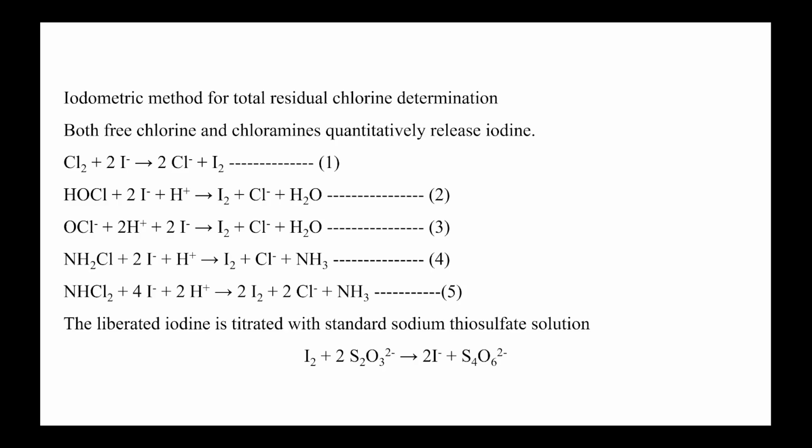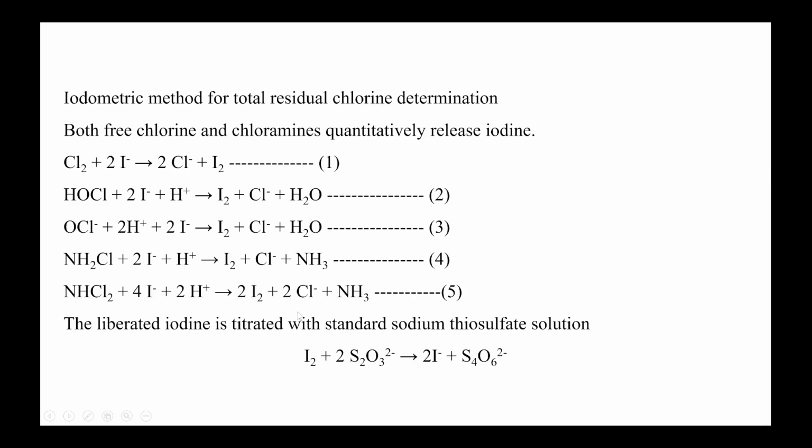Free chlorine will react with iodide ion to release iodine. You can see one molecule of chlorine is releasing one molecule of iodine. Here one molecule of hypochlorous acid is releasing one molecule of iodine. So we can quantitatively determine chlorine if we quantify the amount of iodine released.